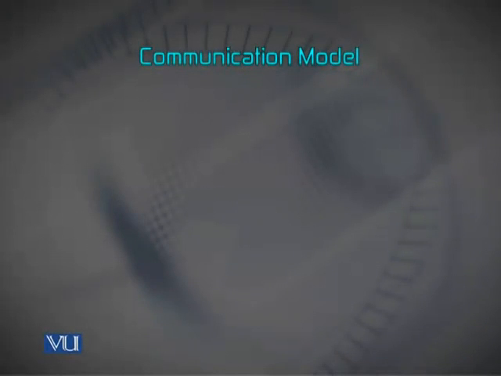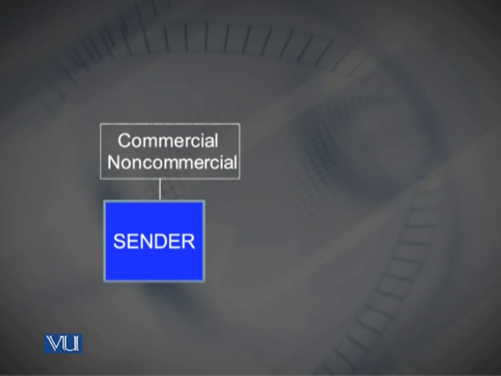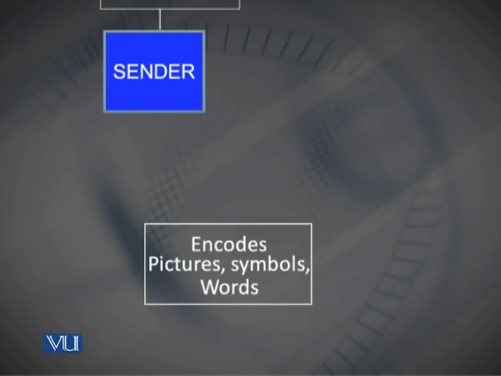Now, if you see on the screen, it's the same message, but it's a little bit more clarified in terms of how does it work. We see that sender is at the beginning. He is the commercial organization or whatever it is, commercial, non-profit, whatever. Before the message comes in, we need to have an encoding system, which could be using the picture, symbols, or words.